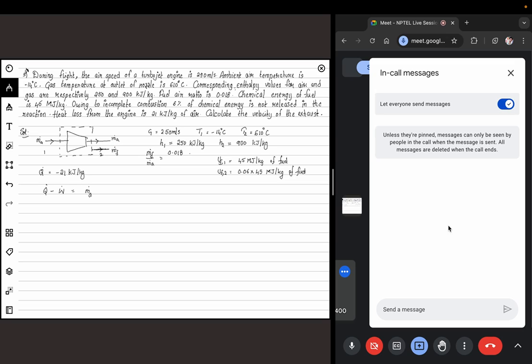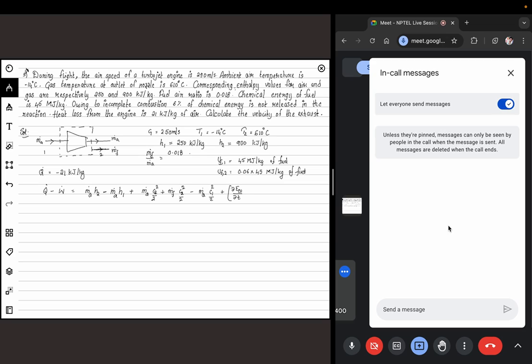So M dot air times the outlet H2 minus M dot A times H1 plus M dot A C1 square by 2, plus there is some fuel also that is getting exhausted, C2 square by 2 minus m dot a C1 square by 2, and then we have dCv dt.